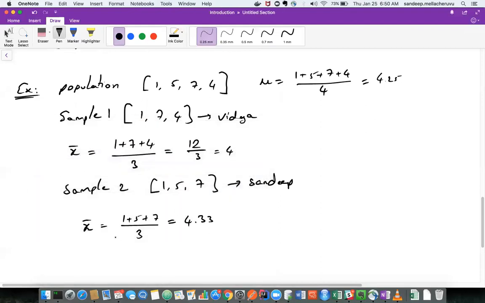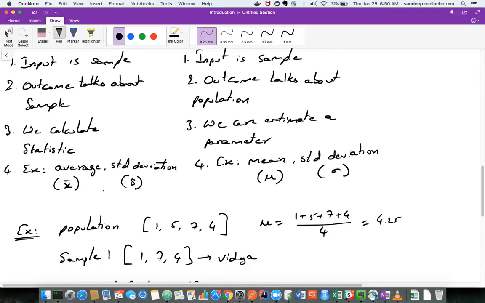Now, for every sample, this X bar will keep on changing. But is the mu changing? The population is always this one, right? Is the mu changing? No. Mu never changes. The population parameters never change. So that is the 5th point.